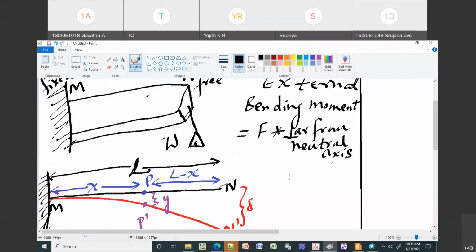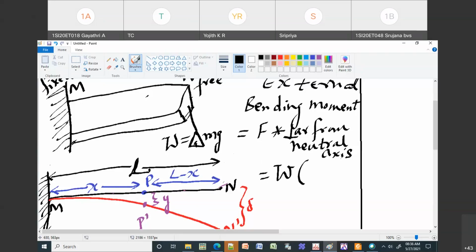The force that you are applying is W. You can further simplify this as M times G, but we will just keep it as W. W is the force which is acting, and the perpendicular distance is, as MN is the neutral axis, the distance L minus x.